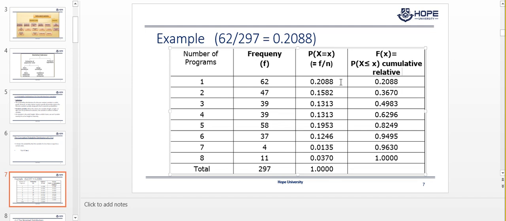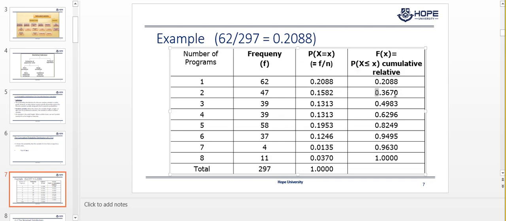Like that, if we have this number, 0.2088, it is the same in these cells. If we are going down, we keep adding up as we go down. For example, 0.2088, we add the next number.